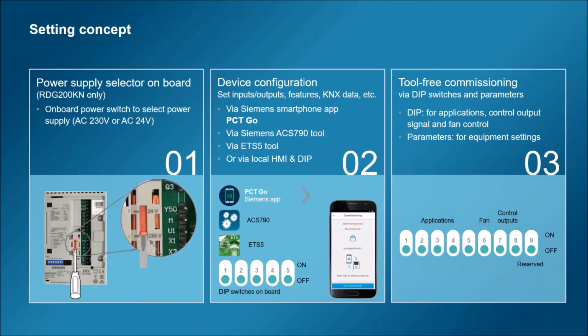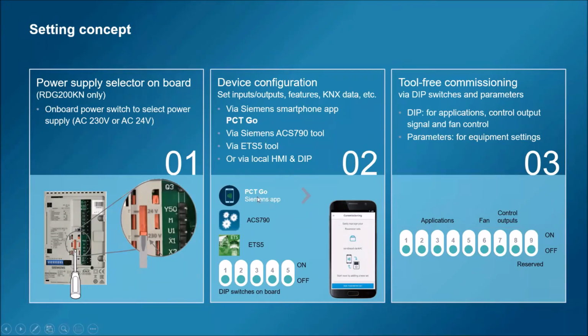Here I display three different levels, three steps for the commissioning or the settings. The first is on the RDG200 only. If you want to select the power supply, 24 volt or 230 volt, you have to select it first. And then for the configuration of the device, we have four options.